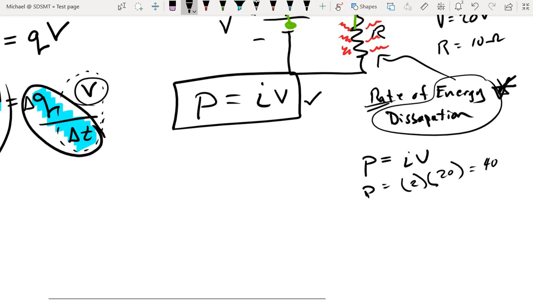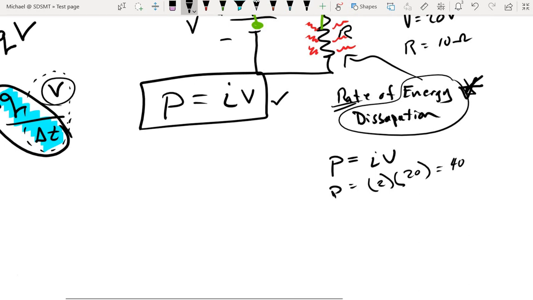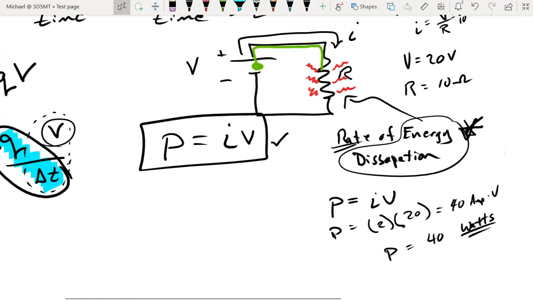And now we need the units for power. Now we can go with the units of current times voltage, which would be amp volts, but if we remember from Physics 1, the actual unit for power is a watt. So we have 40 watts as the power associated with that resistor.